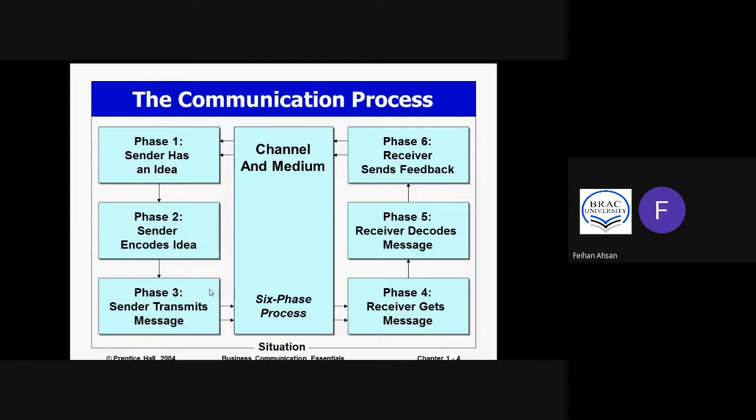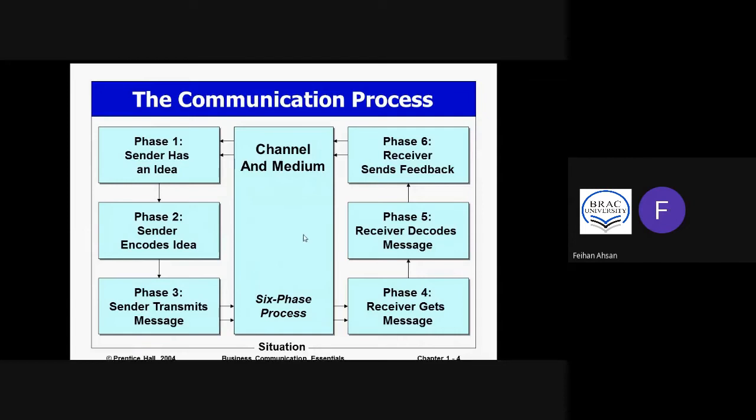In phase 3, I transmit the message. Now that also depends on my method of delivery. If it's a hard copy letter, you just hand it in, drop it. If it's an email, you click send. It transmits electronically. If it's something else, then that will be different.